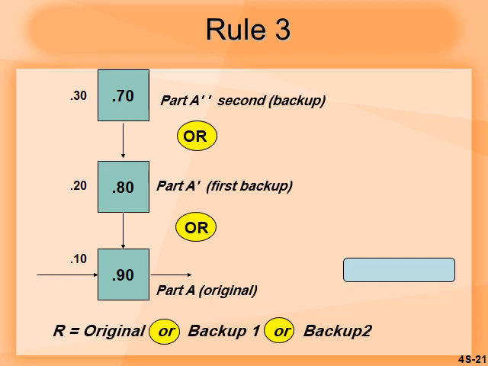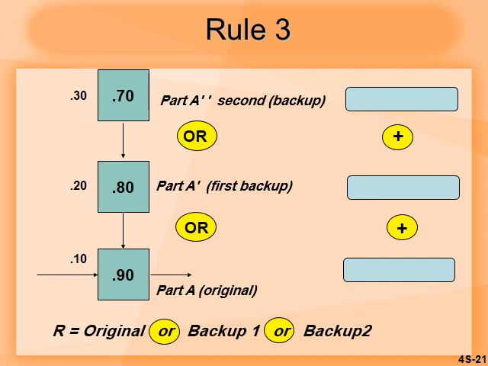The original, its success, plus we have 3 boxes. For each of the 3 parts, one for the original, one for the first backup, and another box for the third part. And define success for each of them.